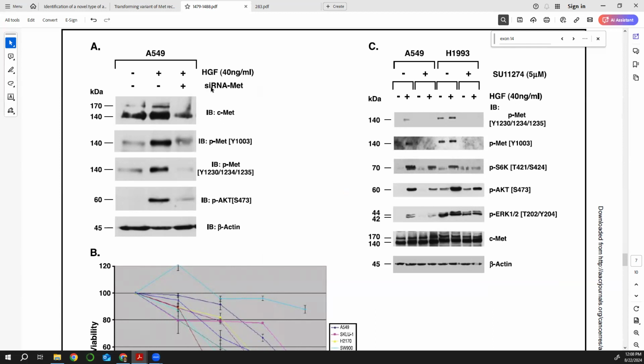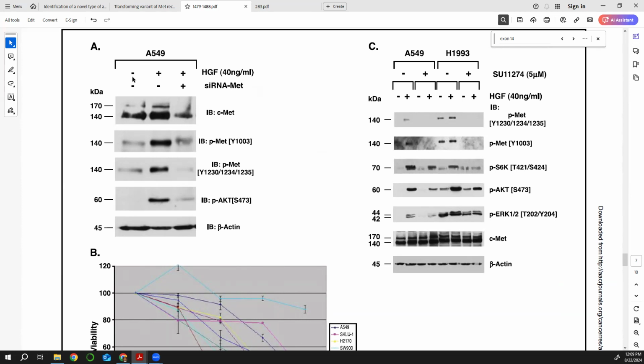So siRNAs are added or transfected to cell lines in order to knock down the level of a targeted transcript. The idea being, can you knock down MET and stop downstream hepatocyte growth factor signaling? So let's see if that's the case.